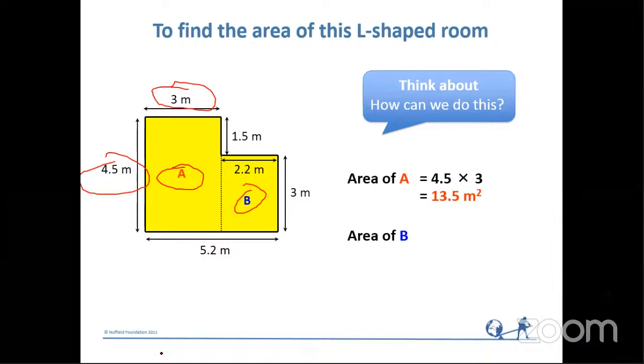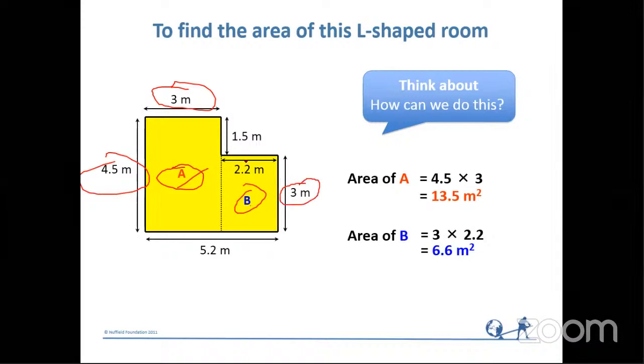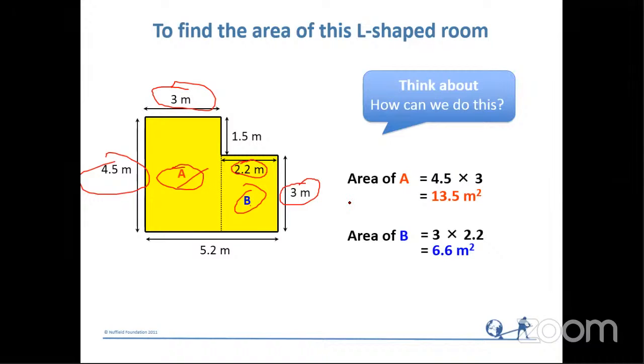Then the area of B will be 3, which can act as our length, times 2.2, and that would give us 6.6 meters squared. Then the area of A plus the area of B would give us a total of 20.1 meters squared. So that would be one of the options.